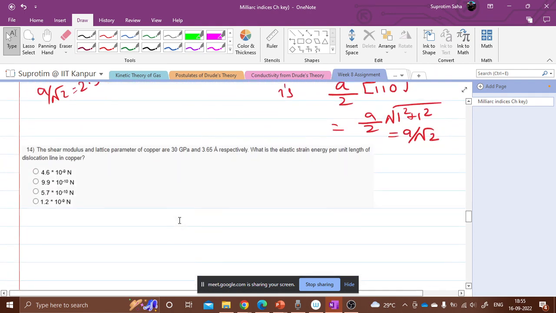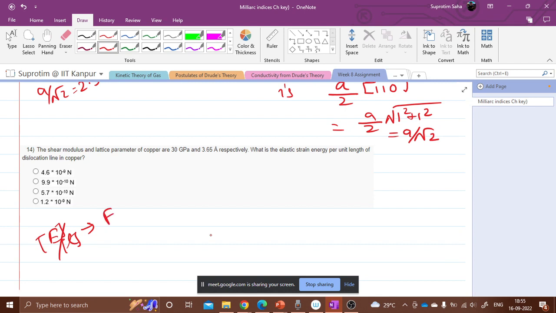The shear modulus and lattice parameter of copper are 30 gigapascal and 3.65 angstrom respectively. What is the elastic strain energy per unit length of dislocation line in copper? Energy per unit length has dimensions of force, which is why the answers are all given in Newton, the unit of force.